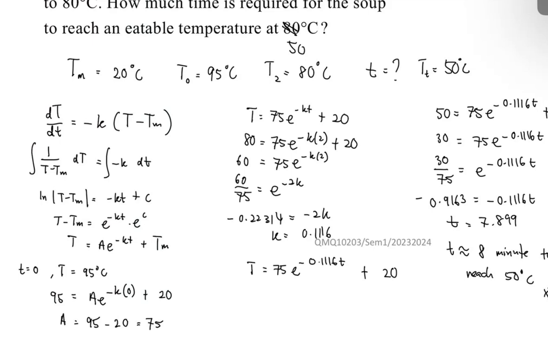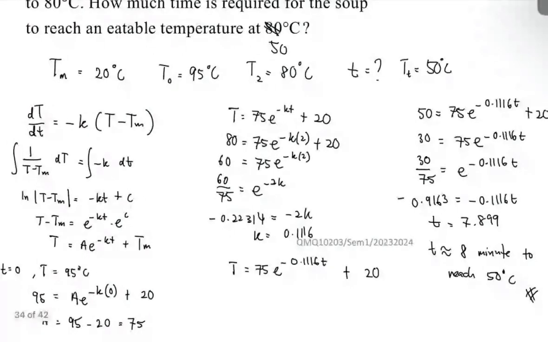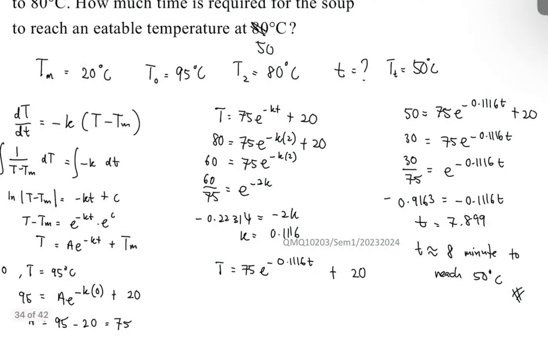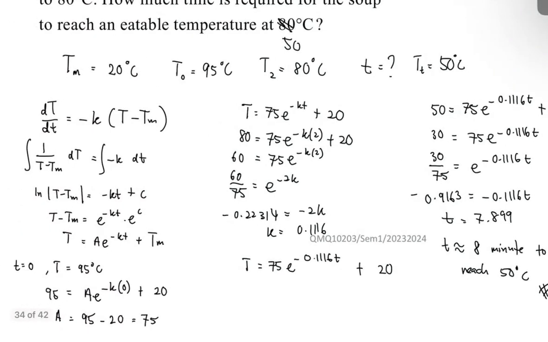Exponent c, so we multiply by exponent c, right? So this one turns into A. Let's rename exponent c as A, because c is a constant, so exponent c is also a constant.